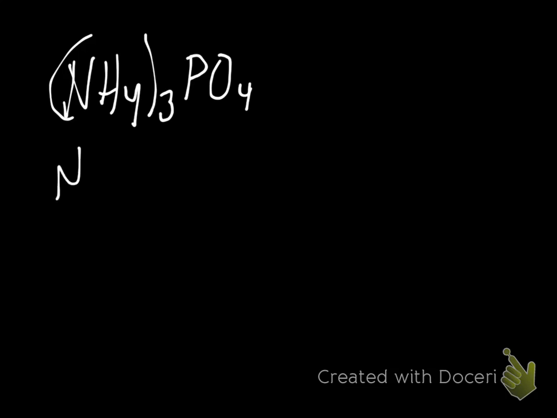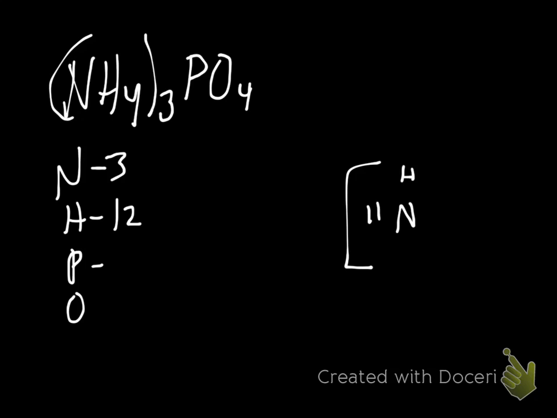So I'm going to do the same exact thing I did for the last one. Now here's the difference. How many nitrogen do I have? I have 3 nitrogen. How many hydrogen do I have? I have 12 hydrogen. And this is where I think having the mental image of Lewis structures helps, because you can imagine for yourself, oh yeah, I have 3 that look just like that.